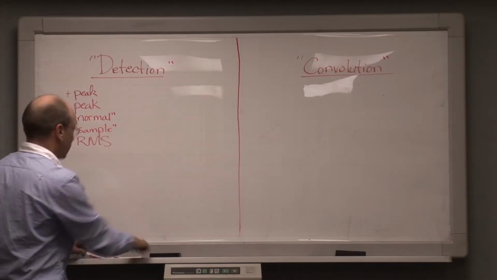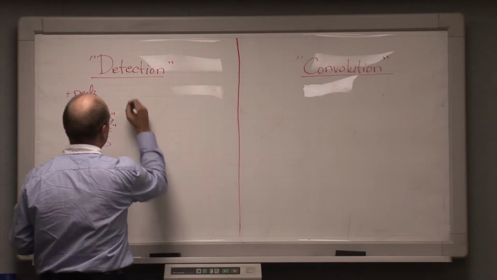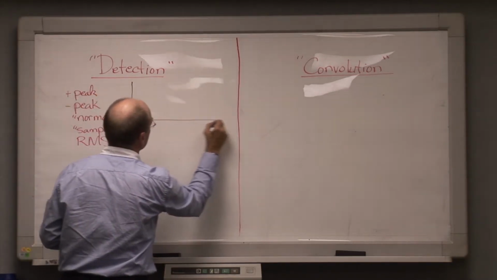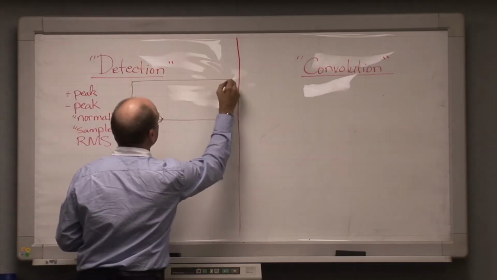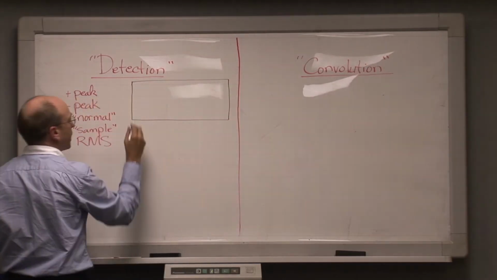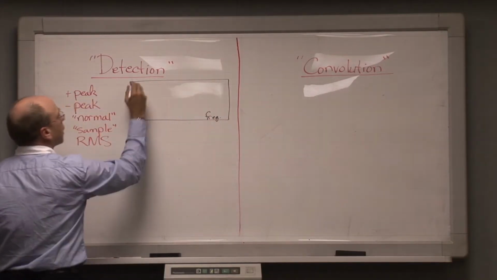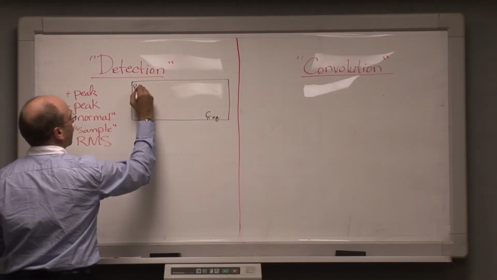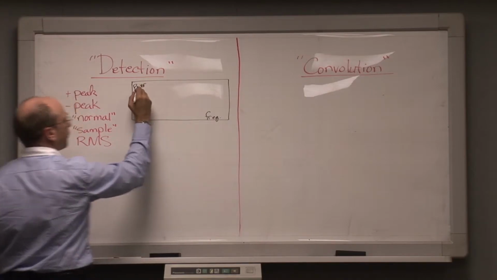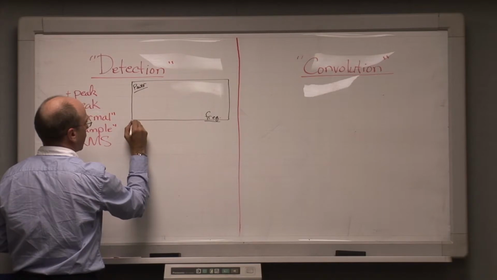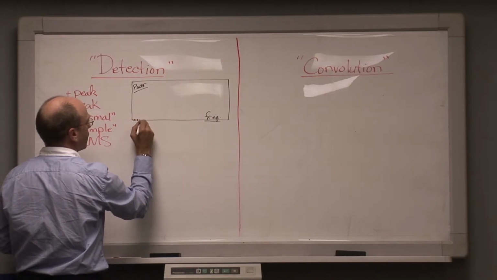To show what the differences are, I'll actually draw a spectrum analyzer screen like so. Typical spectrum analyzer screen is displaying frequency and displaying power. Remember, envelope power as a function of frequency, and is in fact broken up into discrete display bins.